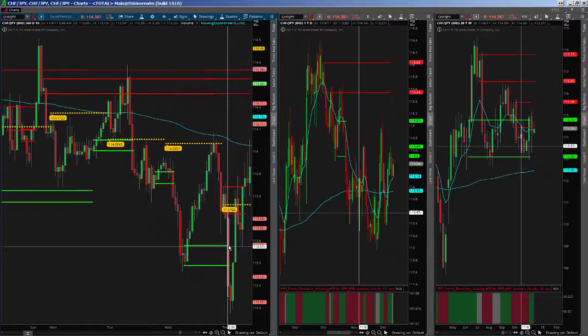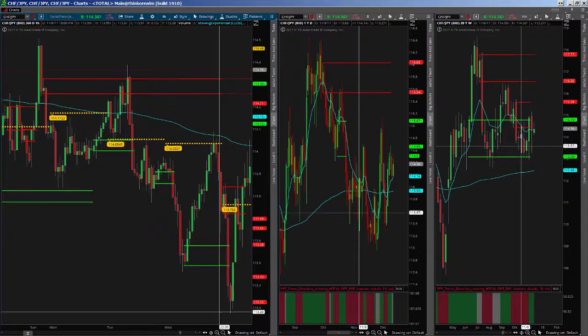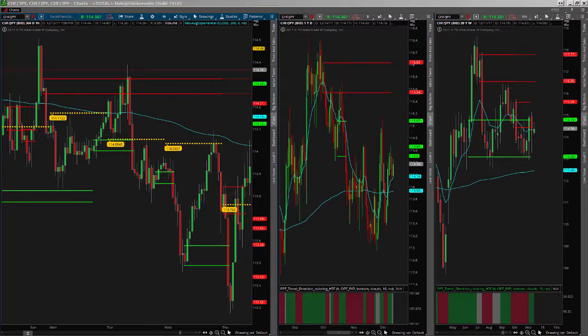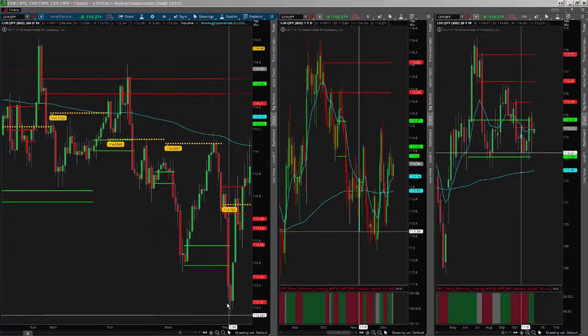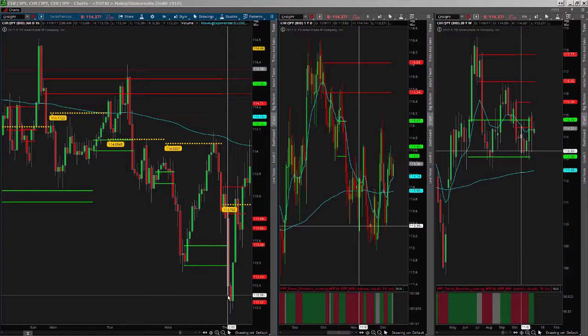Got a green zone here, so I'd be entered in here. Okay, so my entry here would be 58 to 38. So there's another loss. And then re-entered again at 38.